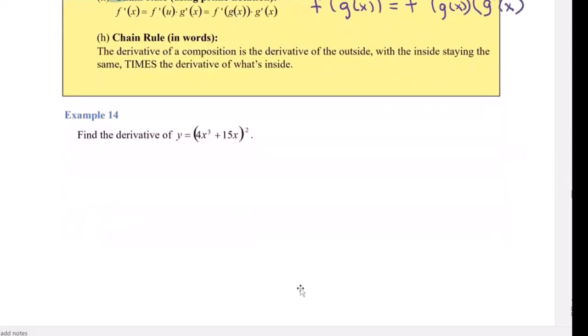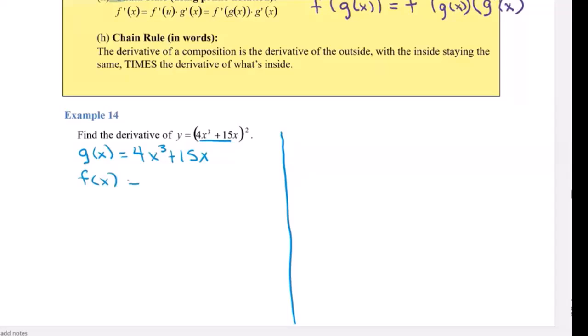So I think I'll show you this in 2 different ways right now. I'm just going to break this in half. I'm going to say my inner function, which I'll call g of x, is equal to 4x cubed plus 15x. And my outer function, which I'll call f of x, is equal to x squared.